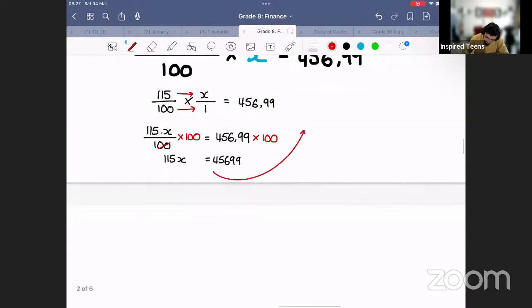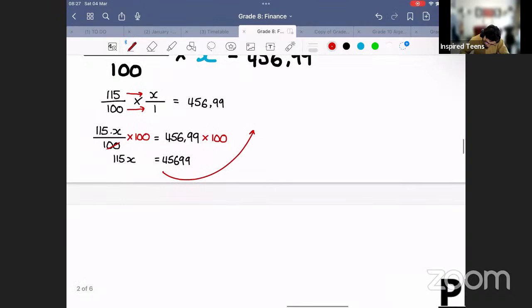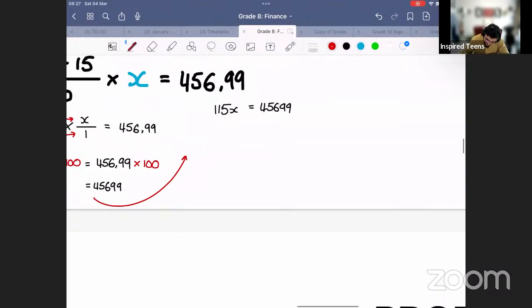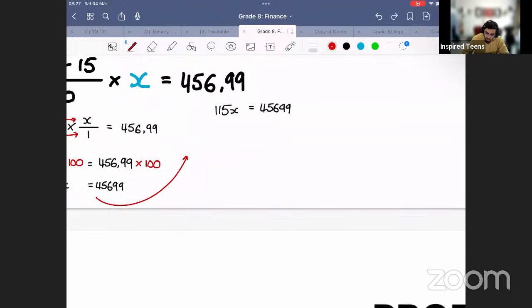Okay, let's move over here. Now I'm left with 115x is equal to 45699. I can see that 115 is attached to x by multiplication. So I can simply divide both sides by 115 to get rid of it, because if you multiply by 115 and divide by 115, you get 1.